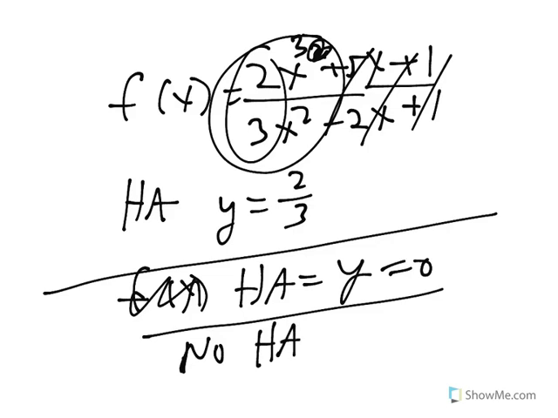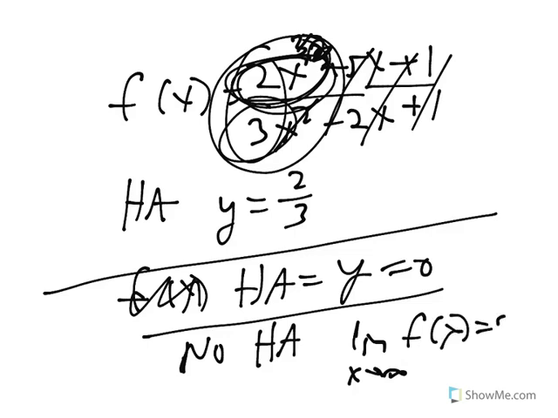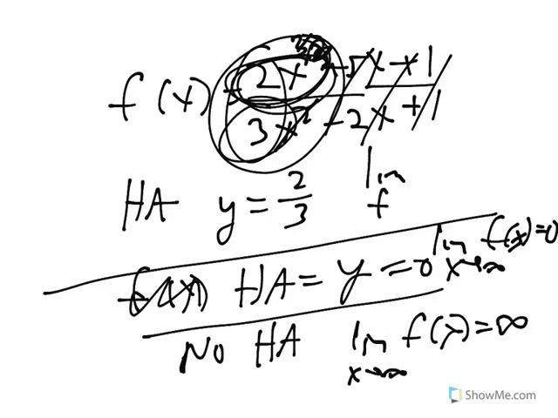That's because if we cancel out the x squared and we get 2x on top, the denominator has a constant and the numerator has a variable, so that's just a fancy way of saying the limit as x approaches infinity of f of x equals infinity. For this one, it was the limit as x approaches infinity of f of x equals 0. And this one, the limit as x approaches infinity of f of x equals 2/3.